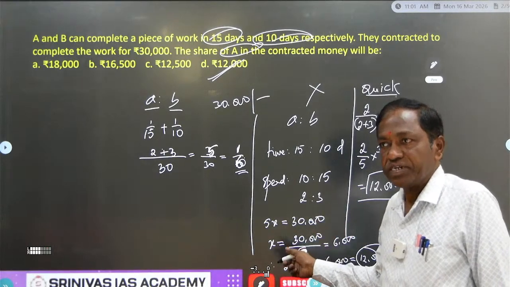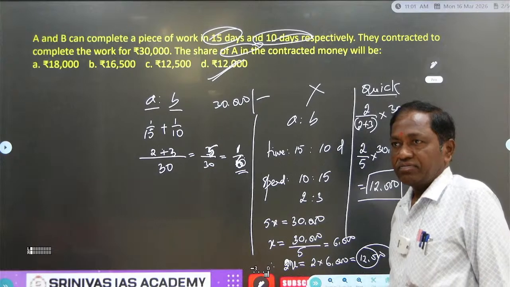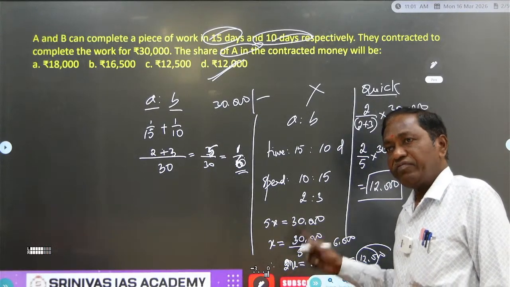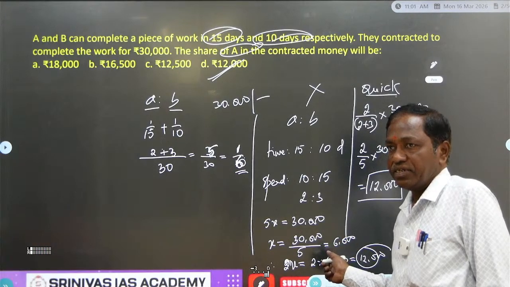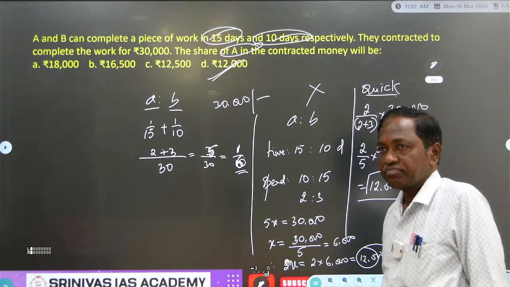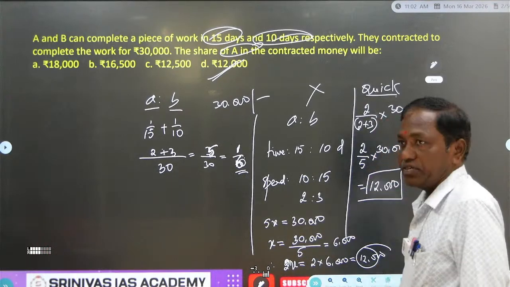Even averages we did like that. This is finding the x value, arriving at the answer. Here we are straight away avoiding finding the x value. This is the very straight answer.